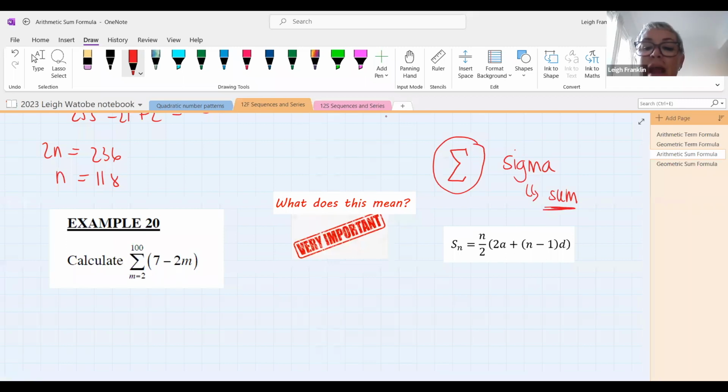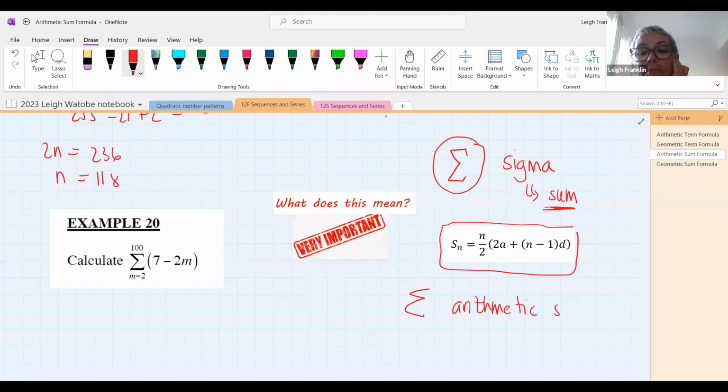Either it is an arithmetic sum, like as we are doing in this lesson, or it can also be used for a geometric sum.